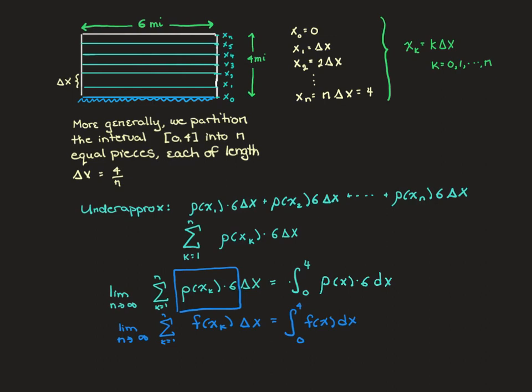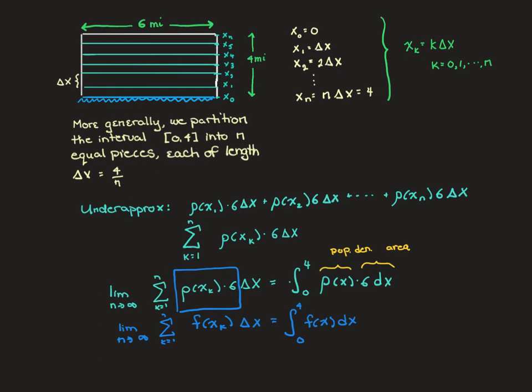So when I think about this, what I'm thinking is, this is just population density times area. And I'm summing that up, where x varies from 0 to 4. Now, we would have gotten the same integral if instead of looking at under approximations, we looked at over approximations.